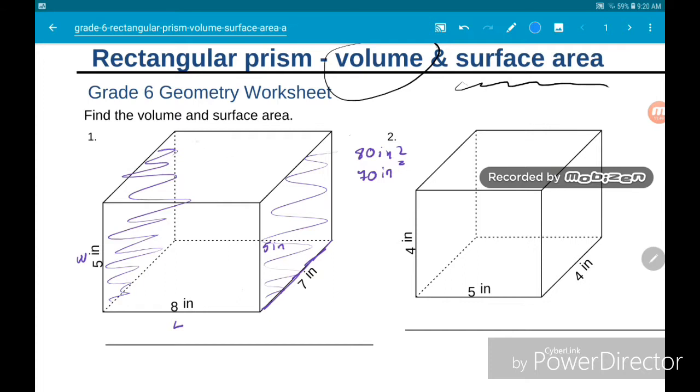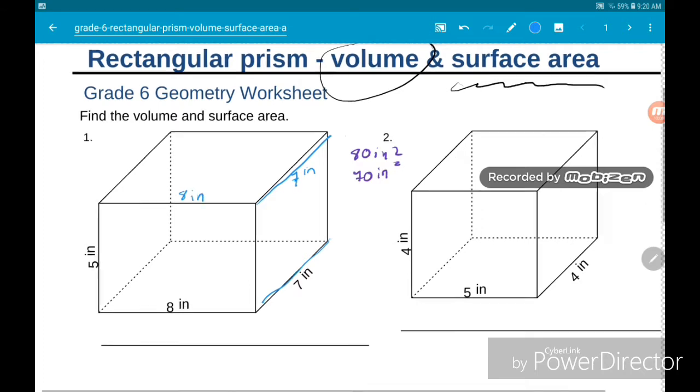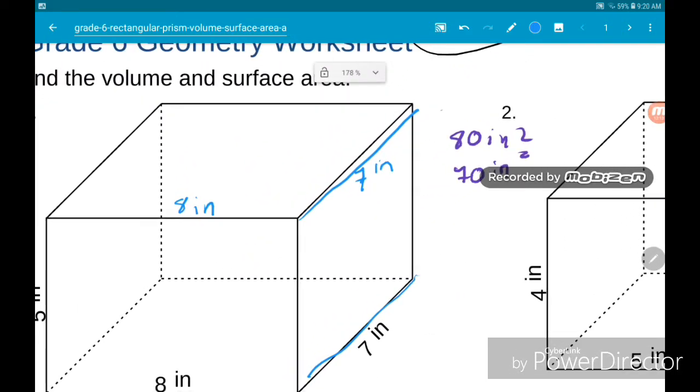Now let's do the top and the bottom. This length over here is 7, because this length is 7 and that length is 7. This length down here is 8, so this length right here is 8. So the top is 8 times 7.